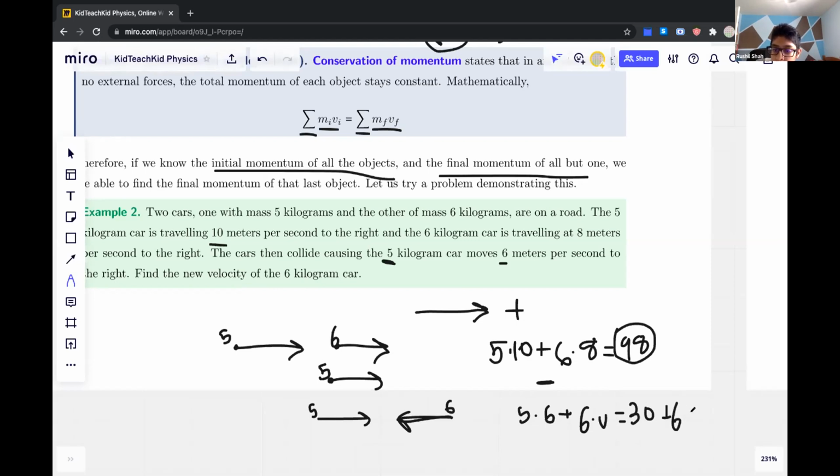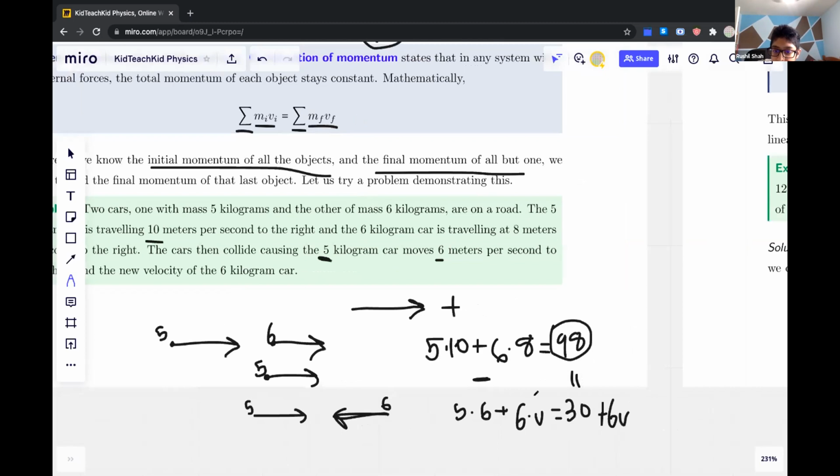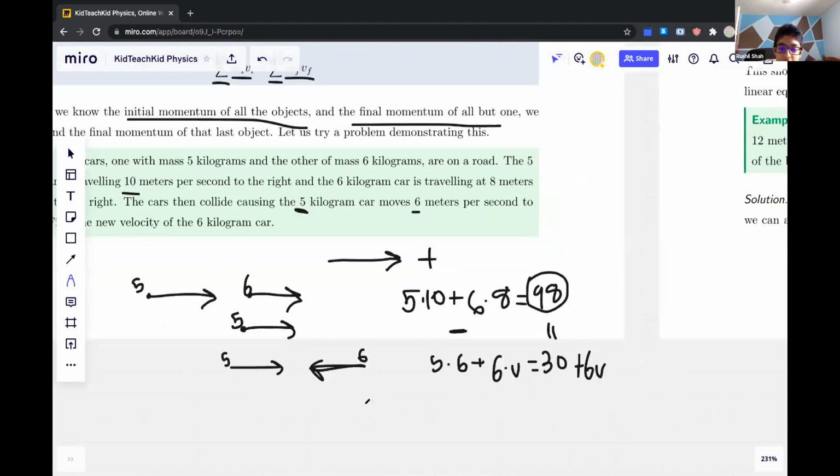And conservation of momentum tells us that 98 must be the same as 30 plus 6v. So we can set 98 equal to 30 plus 6v because we know those have to be the same since there's no external forces.